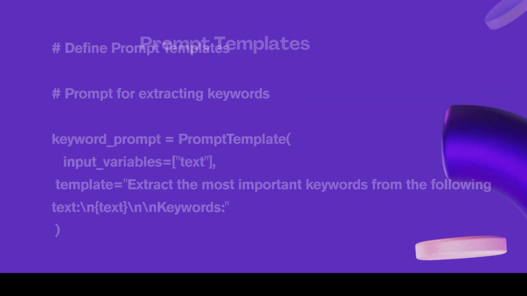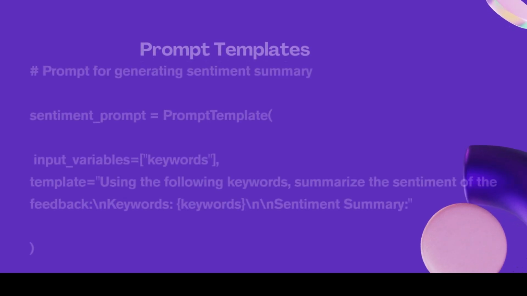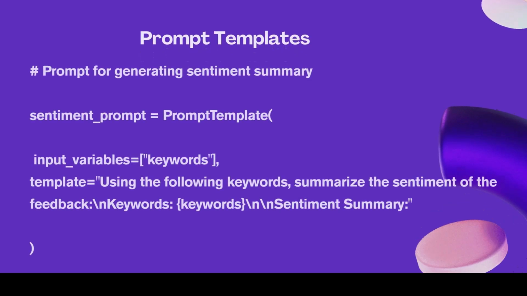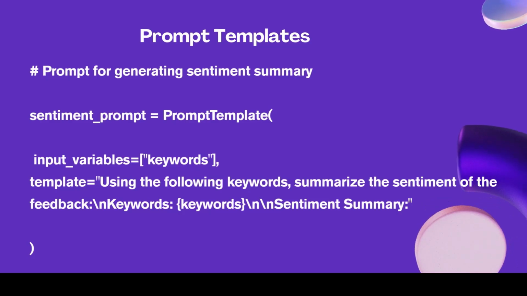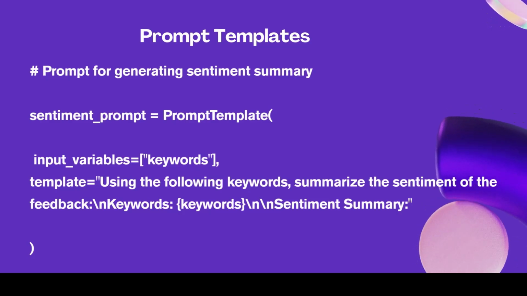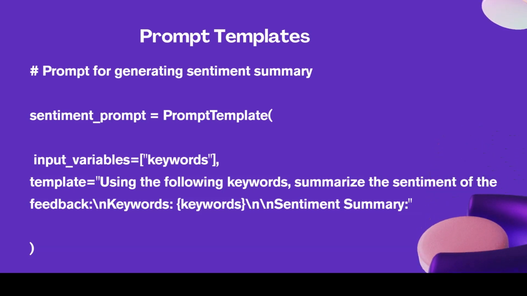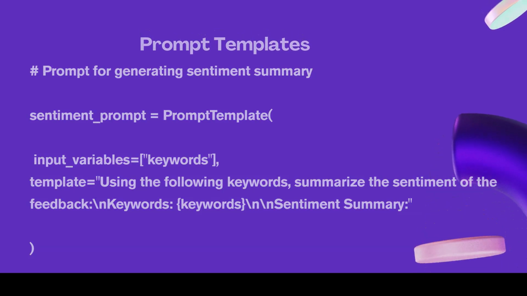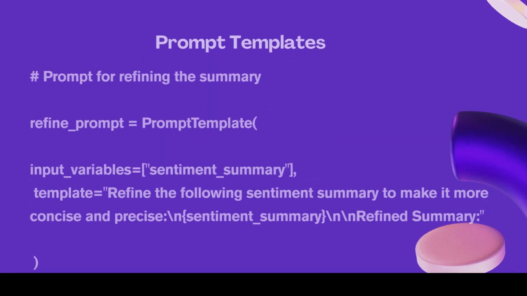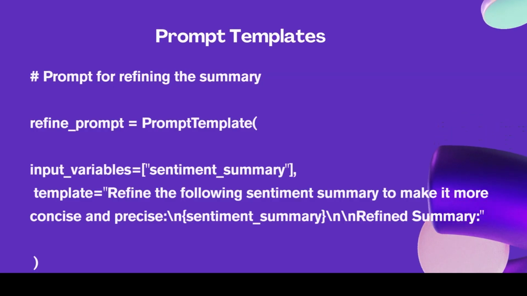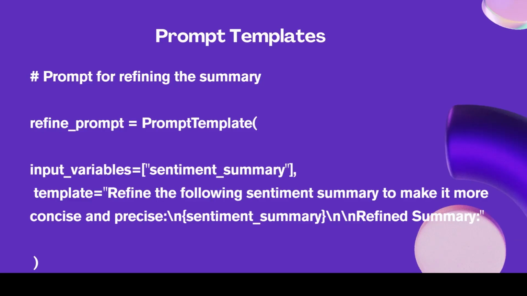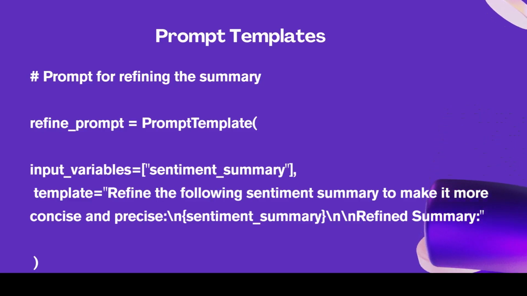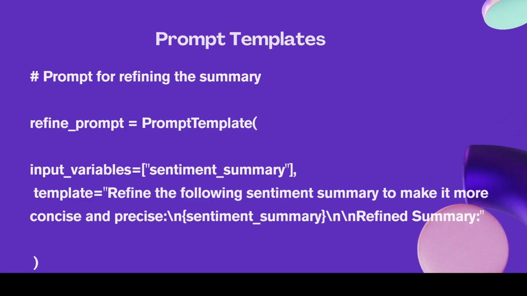The second template, sentiment prompt, generates a sentiment summary based on the keywords extracted. The third template, refine prompt, refines the sentiment summary to make it more concise and precise. Each template takes input variables and uses them within a predefined template string. These templates ensure clean, reusable prompt logic.